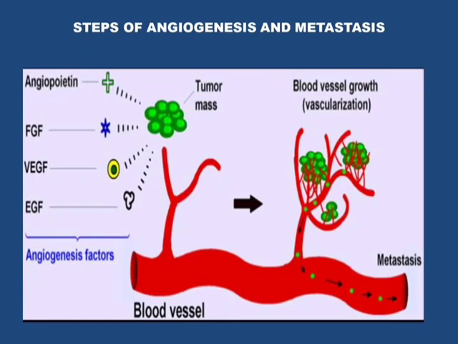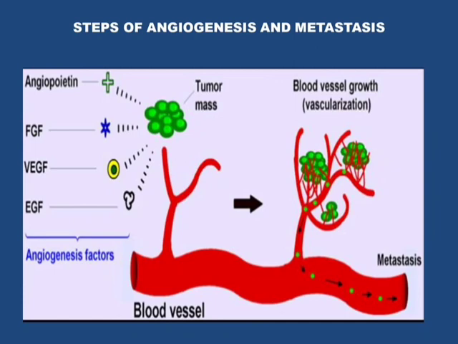So, molecular mediators of tumor angiogenesis: several angiogenic growth factors have been found which modulate tumor angiogenesis. One is directly acting angiogenic factors, the second is indirectly acting growth factors. Directly acting factors include vascular endothelial growth factor, tyrosine kinase, angiopoietin, and Notch signaling receptor, especially Notch4.